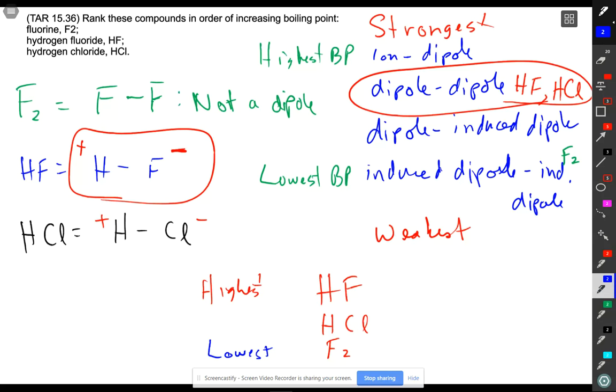And then HF and HCl are both dipoles because fluorine and chlorine both have higher electronegativities than hydrogen. And so they're going to bond by the dipole-dipole method, which is much stronger. And then you say, because fluorine is more electronegative than chlorine, the dipole moment is stronger for the HF than it is for HCl, and hence you're going to have a stronger bond between the HFs than you do between the HCl. So that's what needs to be explained.